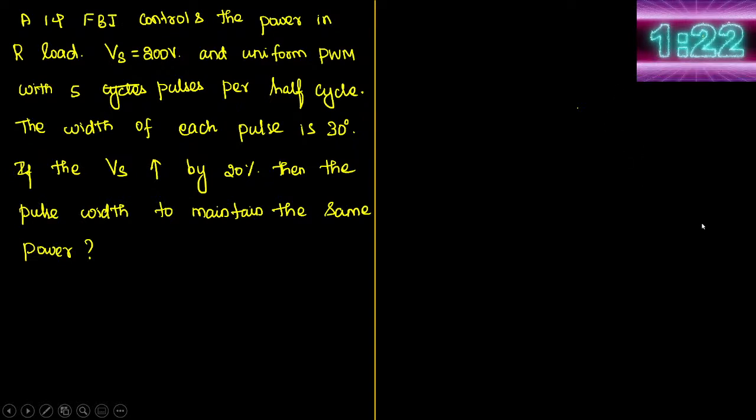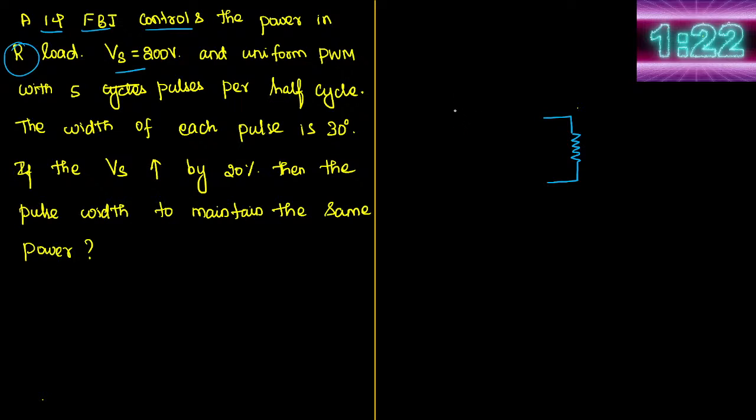Let me try to solve it by myself. Listen, basically, what is this question? Let us collect what they told one by one. A single phase full bridge inverter controls the power in a resistive load. They told that the output load is going to be purely resistive. And they told that the supply voltage is 200 volts.